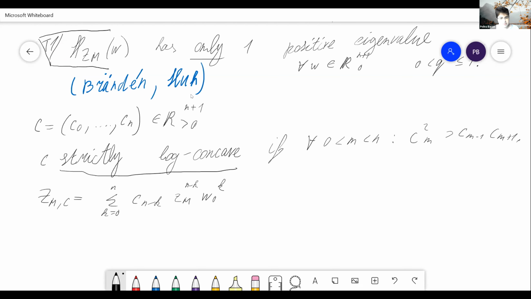And one could see that we can consider the initial sequence as a sequence with c equal to just 1, 1, 1, 1, 1, 1, 1. And as such, the 1, 1, 1 is not a strictly log-concave sequence, but it can be perceived as a limit of strictly log-concave sequences. So if we prove something for strictly log-concave sequences, we can just take the limit and go back to our initial case.